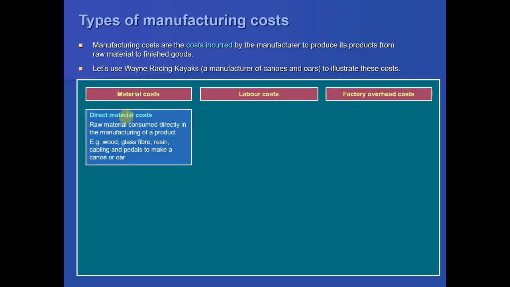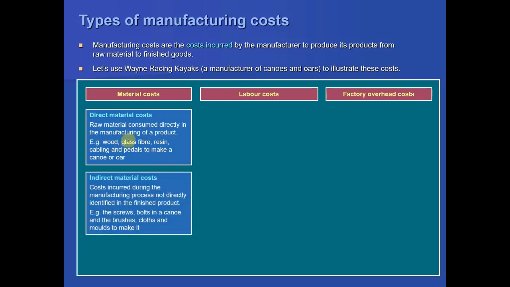For the material costs, we have the direct material costs. That's the raw material consumed directly in the manufacturing of a product. For example, the wood, the glass fiber, and the pedals to make a canoe or an oar. Then we also have the indirect material costs.